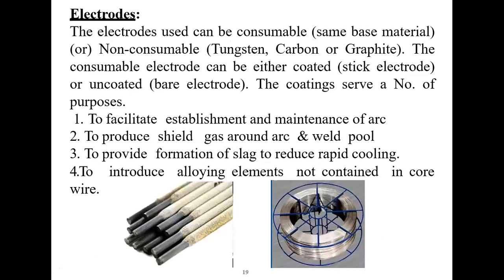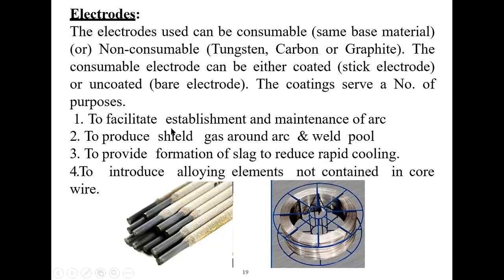Next, I'm going to my next slide, that is the electrodes. Actually, electrodes are needed for any arc welding. Basically, electrodes are of two types, consumable and non-consumable. There should be a coating on the electrodes, and it has several purposes, which are also written.